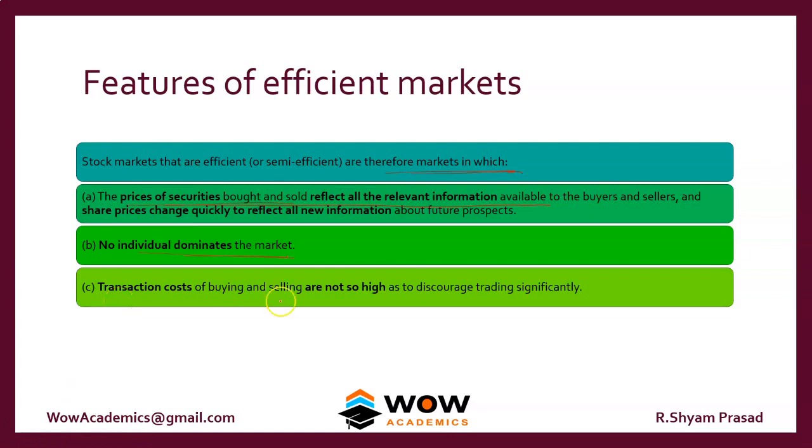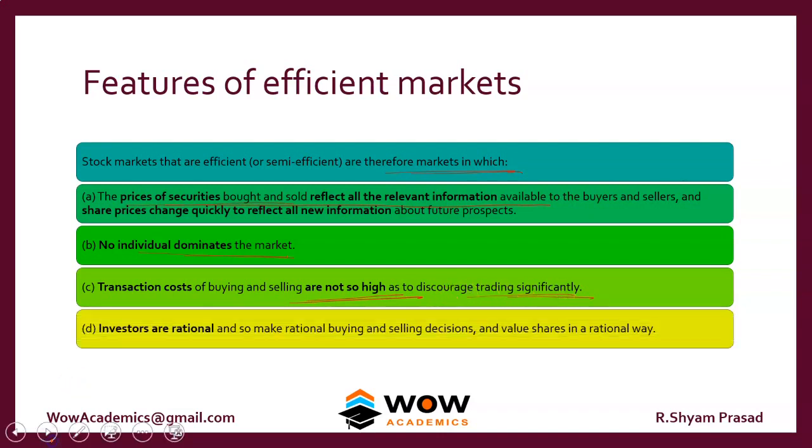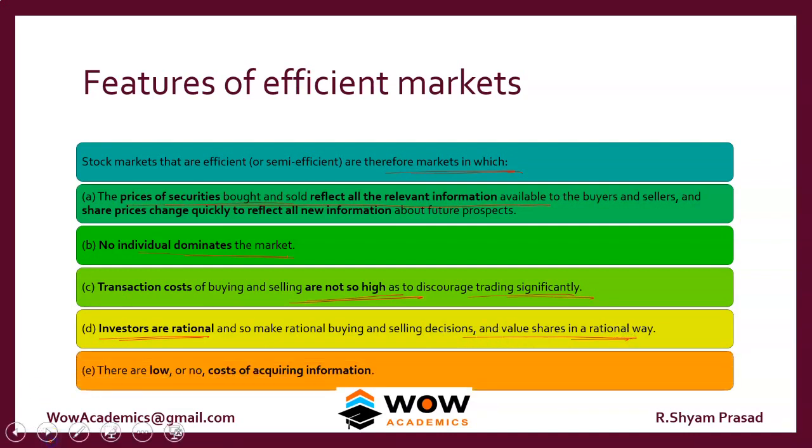Transaction costs of buying and selling are not very high, so that people are encouraged to trade shares. Investors are assumed to be rational, so they are able to value the share in a perfect and logical way. There is low or no cost of acquiring information. Only when these assumptions hold true does the efficient market hypothesis work. So if any of these are not there, then the market can be inefficient in nature.